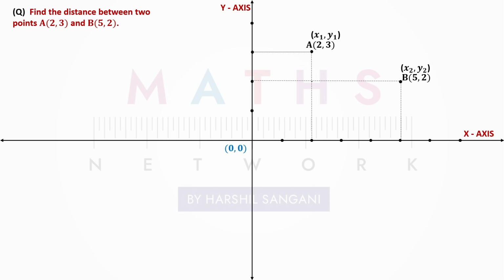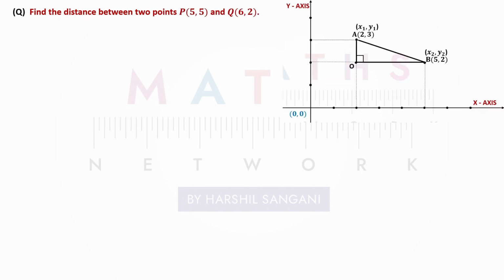So we can see that there is a point of intersection and we can name it O. Now we can see that AOB forms a right angle, and on this we can say that the triangle AOB forms will be a right angle triangle. So here we have to find this length between A and B. Now let's go and solve it. Here we have our formula.